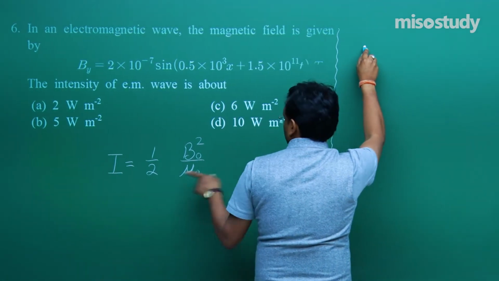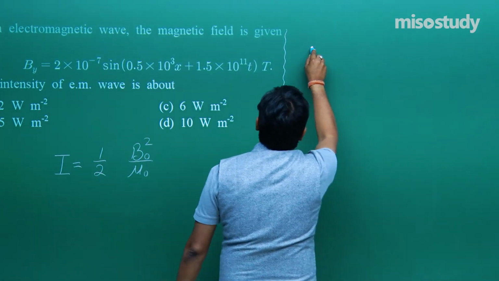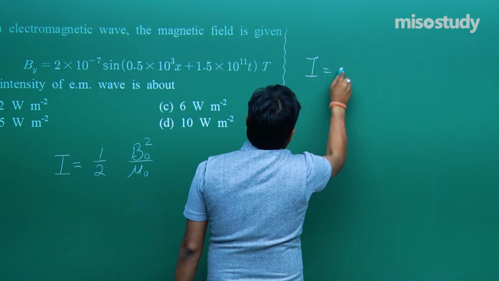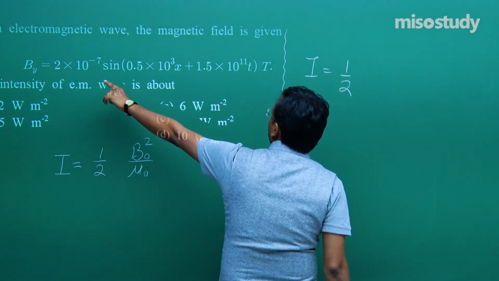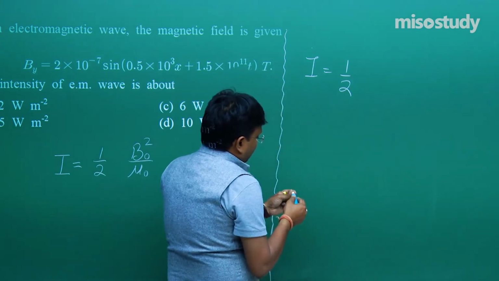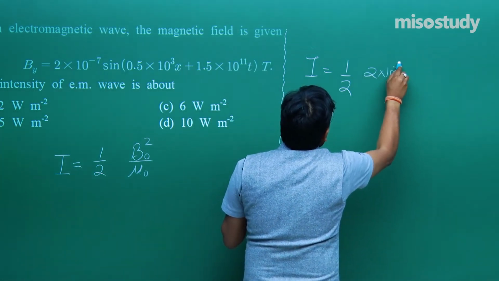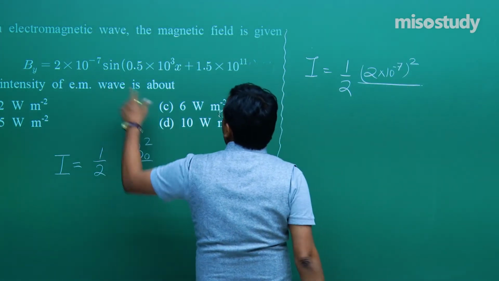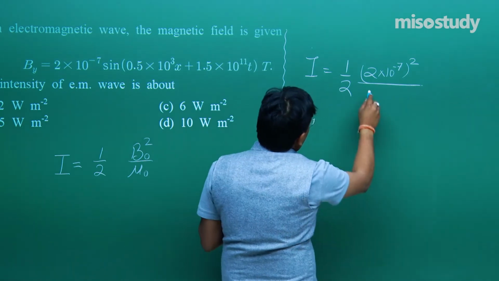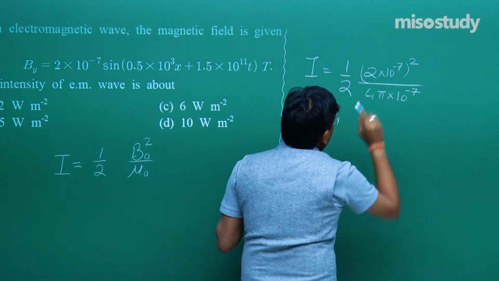Now this formula is mentioned just below the question, so that at any point of time you can revise it. I is equal to 1 by 2. What is the value of B? That is 2 into 10 to the power minus 7. So 2 into 10 to the power minus 7 whole square upon mu naught. What is the value of mu naught? Mu naught is 4 pi into 10 to the power minus 7.